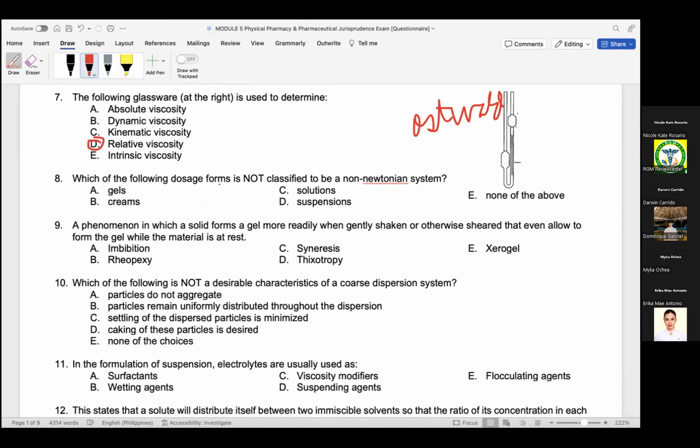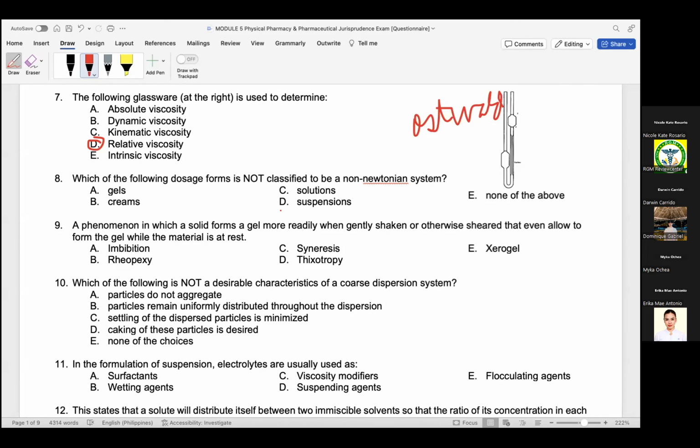So therefore, letter D. Usually pag absolute, dynamic, kinematic, and intrinsic, rotational viscometer yan. Yung automatic na nag-determine ng viscosity value ng substance.